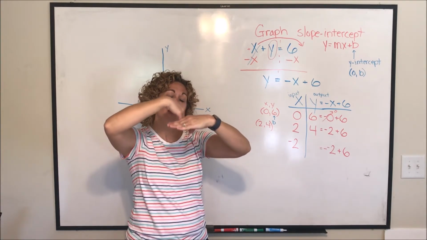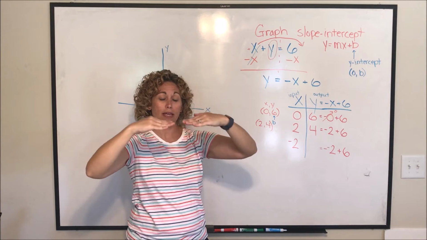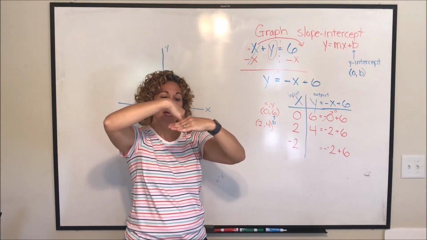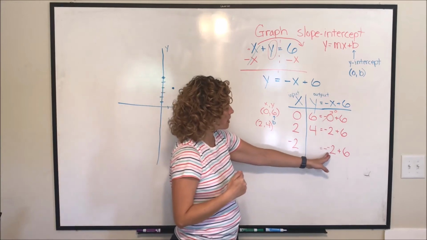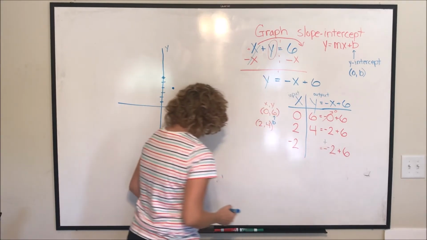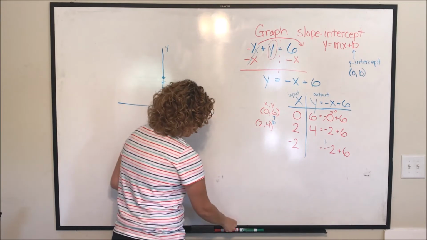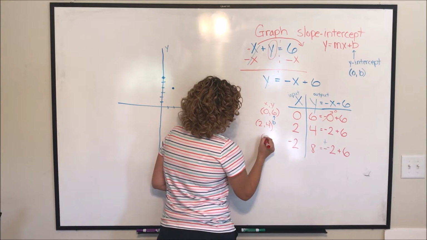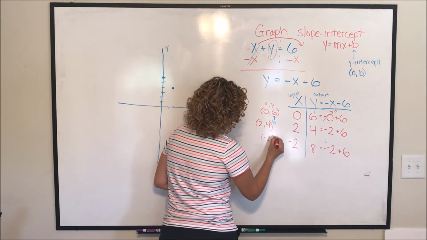They come together and make a positive. So negative times negative, they come together like a magnet and they make a positive. So this is now +2. So +2 plus 6 is 8. That means this ordered pair is (-2, 8).